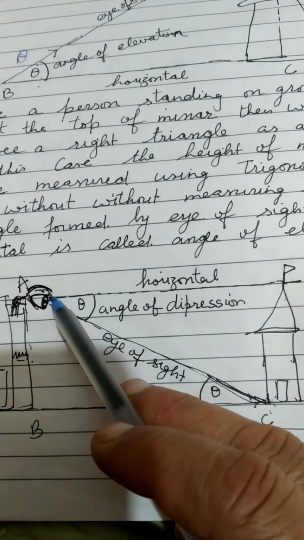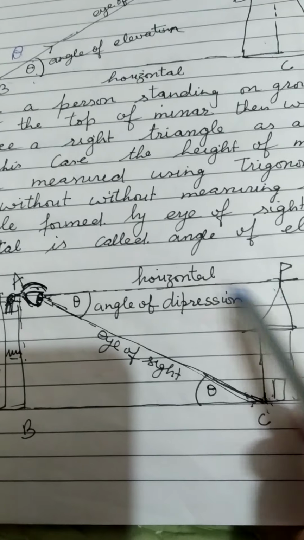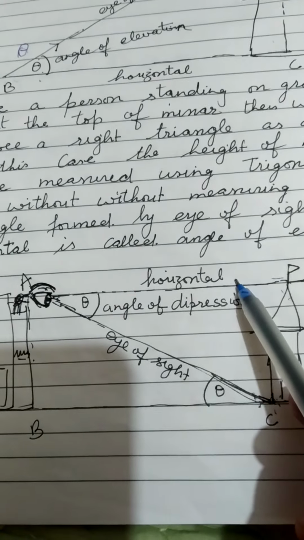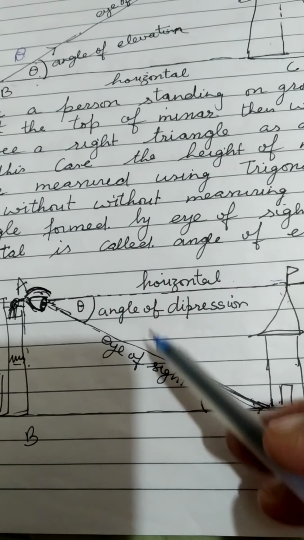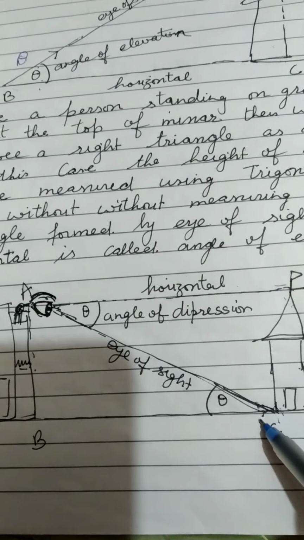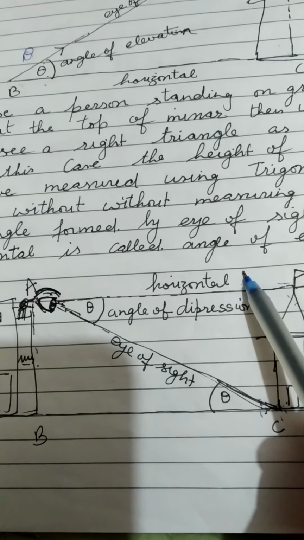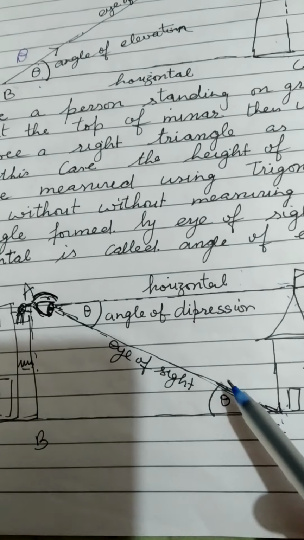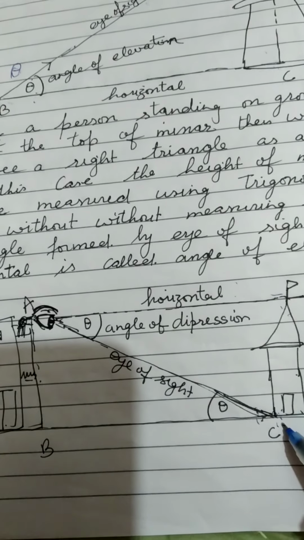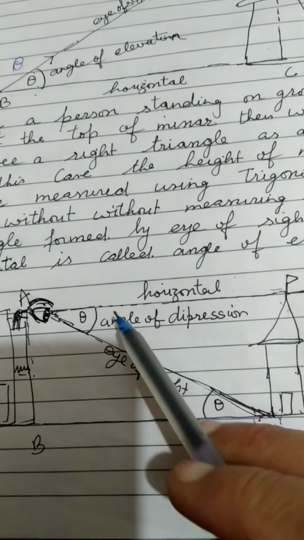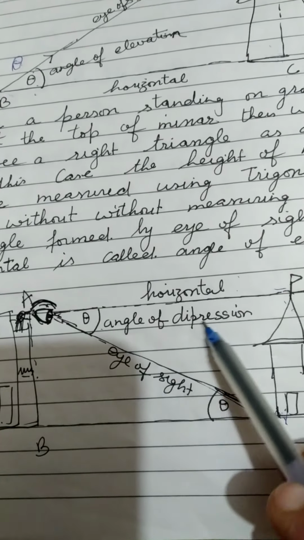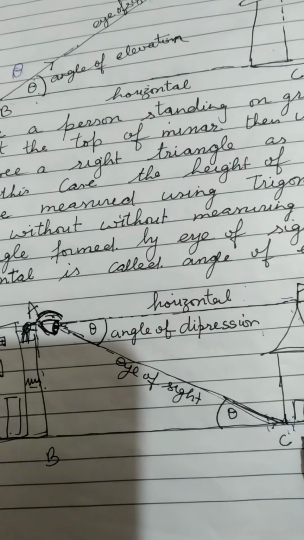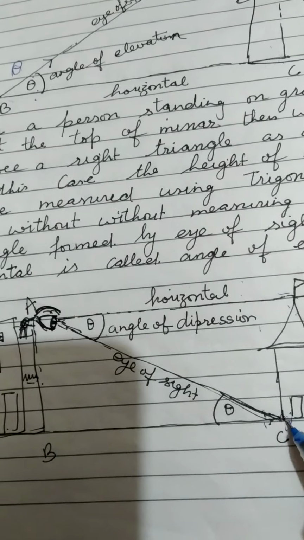Now the horizontal line will be parallel to the x-axis. This line is parallel to the x-axis. This is the horizontal line. Now the angle between the line of sight and the horizontal line, in this case when the person is standing on the building and looking at the base of the temple, is called angle of depression, because this angle is made toward the ground of the temple.